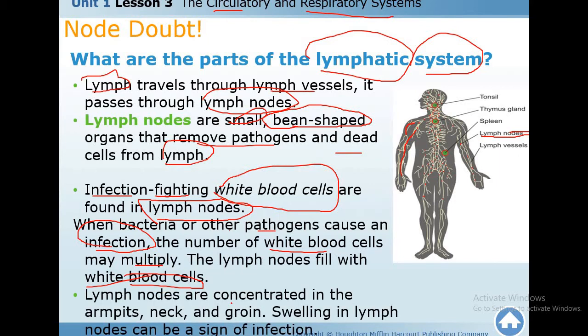Lymph nodes are concentrated in the armpits, so there are a lot of lymph nodes in the armpits here, and the neck here, and the groin here. This part is called the groin.